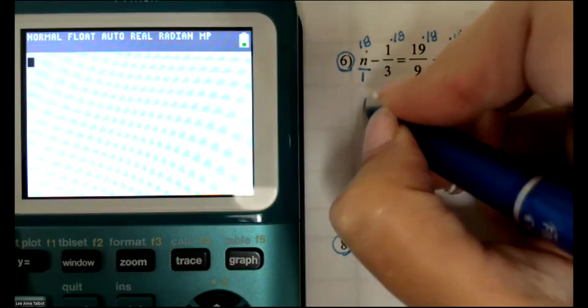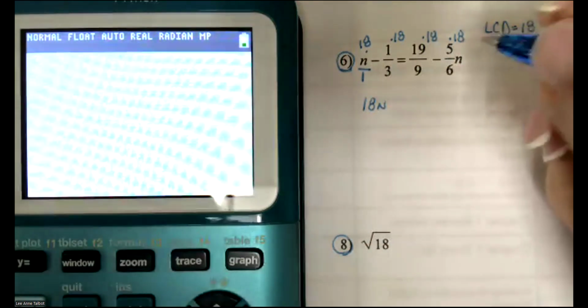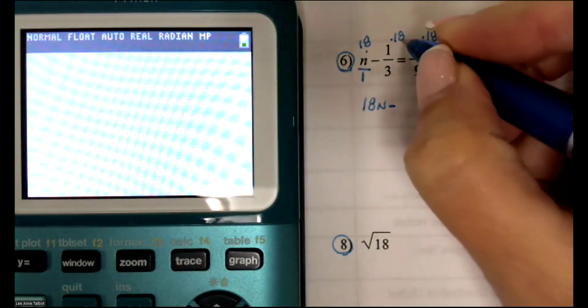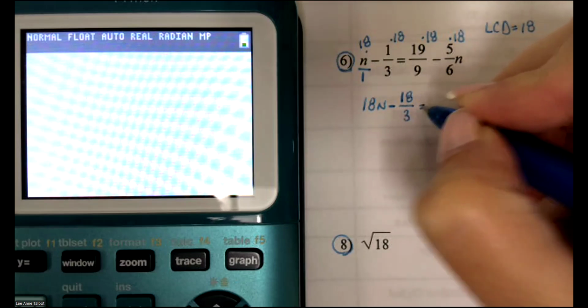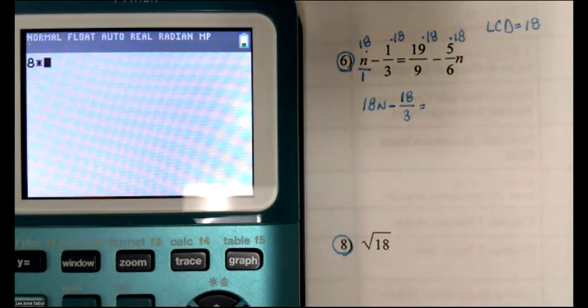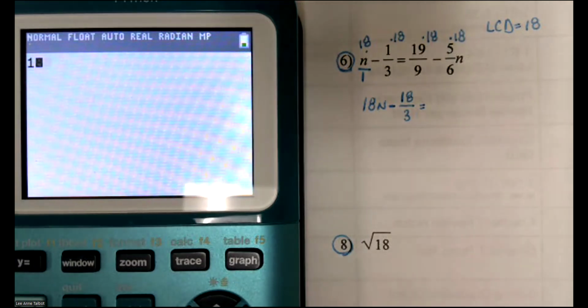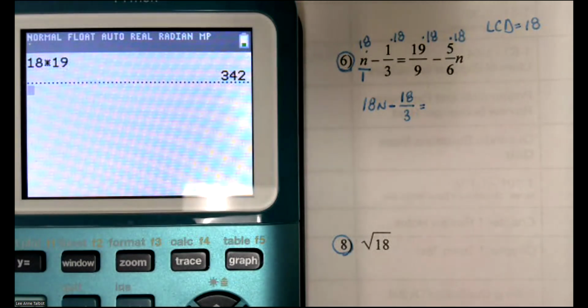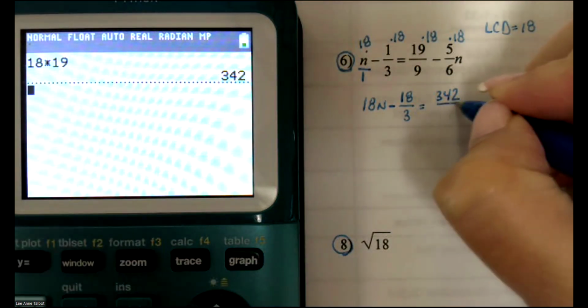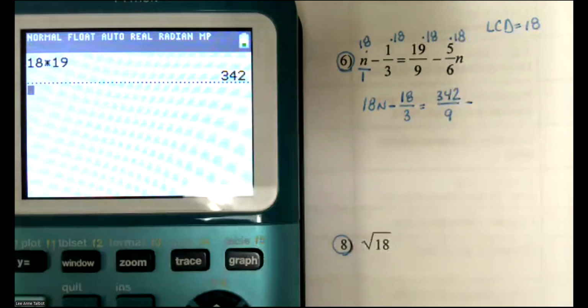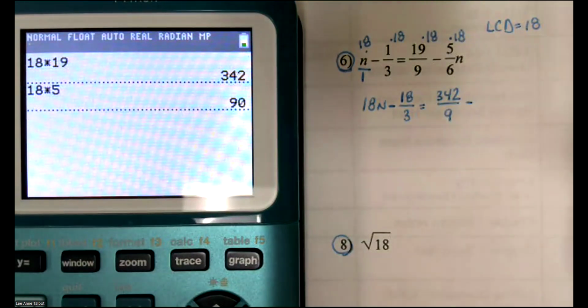So 18 times n is 18n minus 18 times 1 is 18. 18 times 19 is 342. 18 times 5.